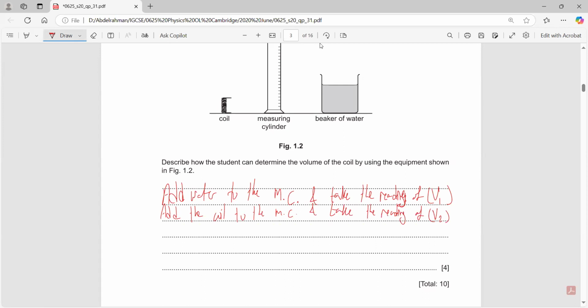The volume of the coil would be equal to V2 minus V1. Add water, V1. Add the coil, V2. V2 minus V1 is the volume of the coil.